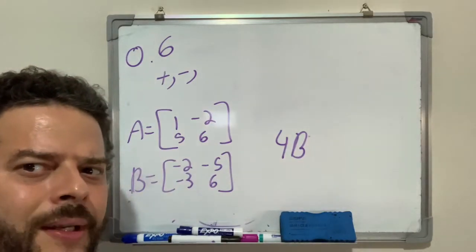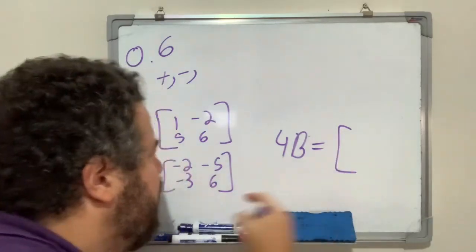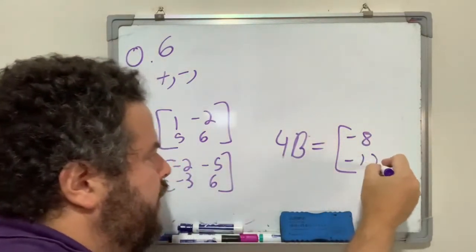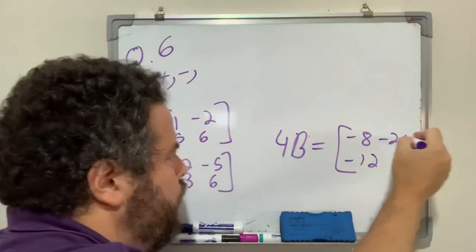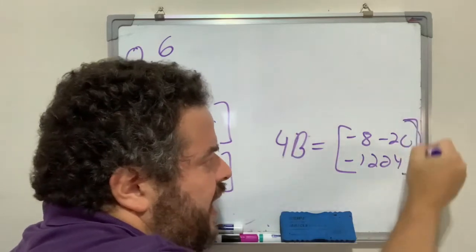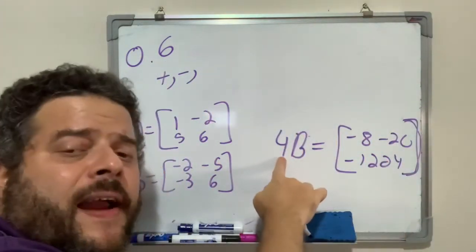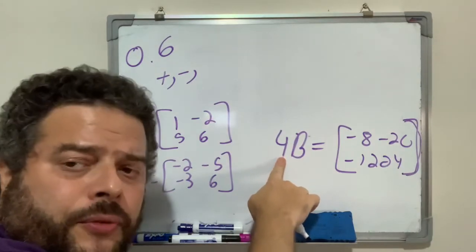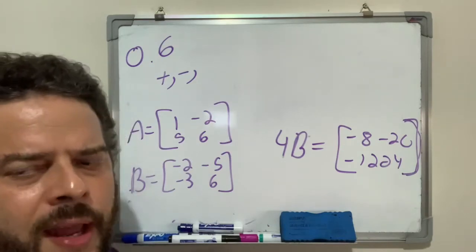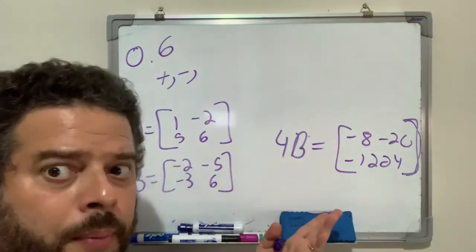And all you're doing, again, is distributing that number within the entire parentheses. 4 times -2, -8, 4 times -3, -12, 4 times -5, -20, 4 times 6, 24. It's called scalar because you're pretty much scaling the matrix by a factor of the number you're using. You can make it smaller, multiplying by 1/2, or a proper fraction, or you can make it bigger, multiplying by a number bigger than 1.